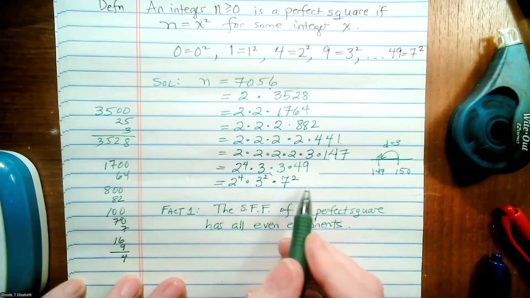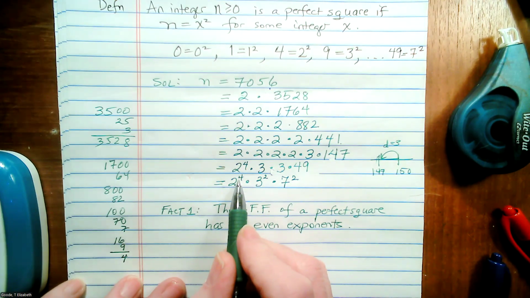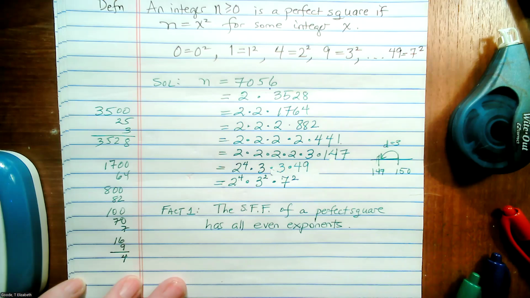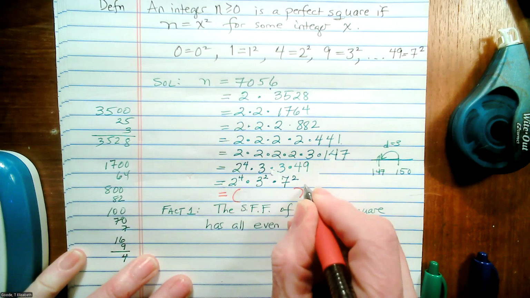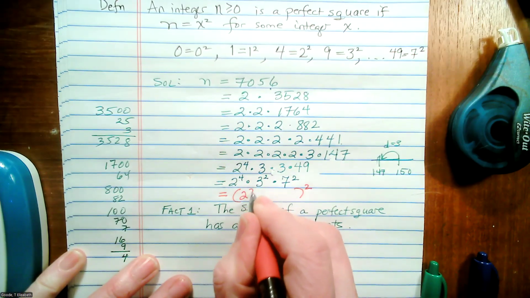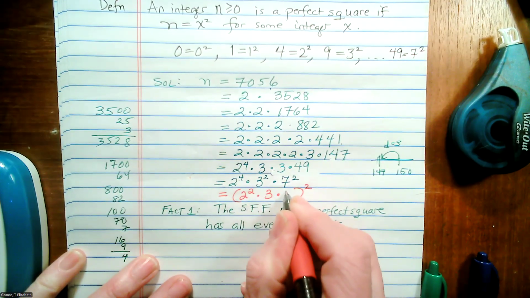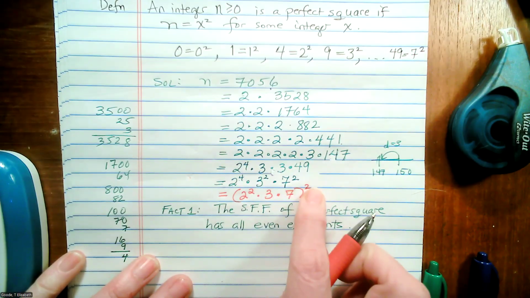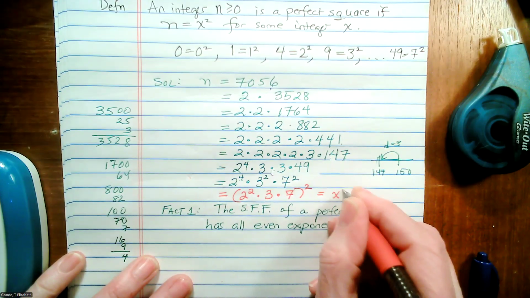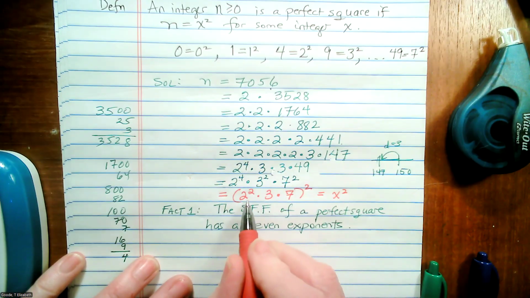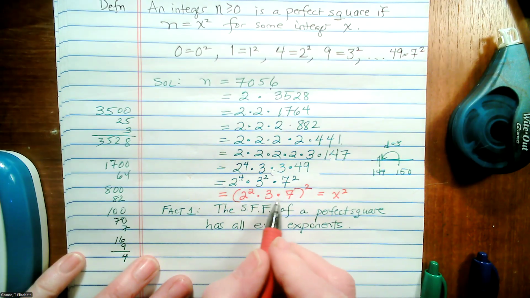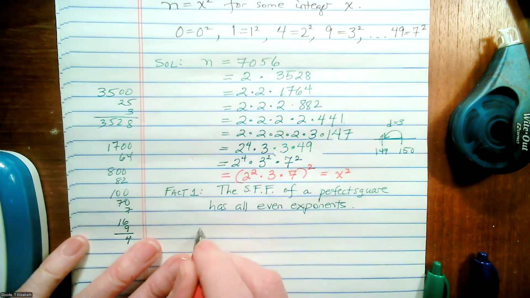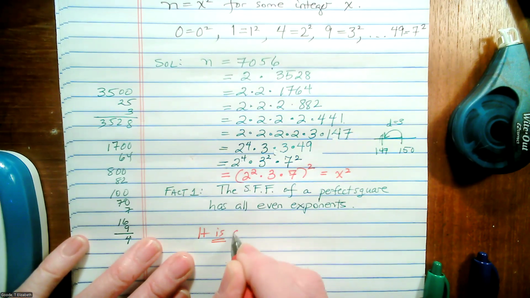Because if all the exponents are even, like 4, 2, and 2, then we can pull that 2 out and have 2 squared times 3 times 7 quantity squared. That's our x squared. x is the square root of this. See what I mean? So it is a perfect square.